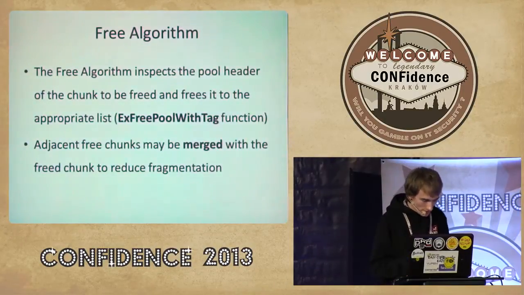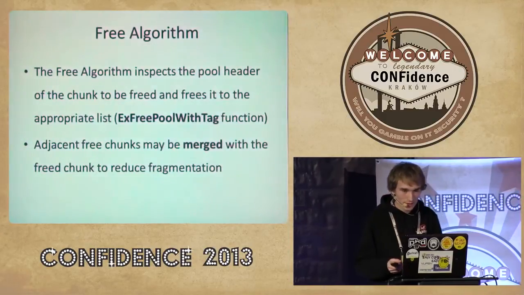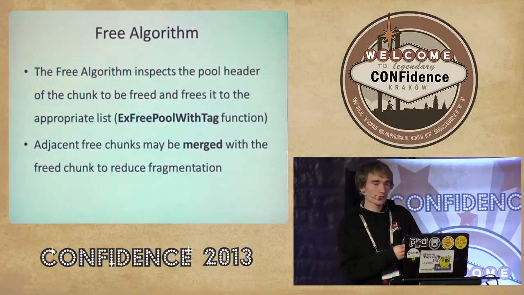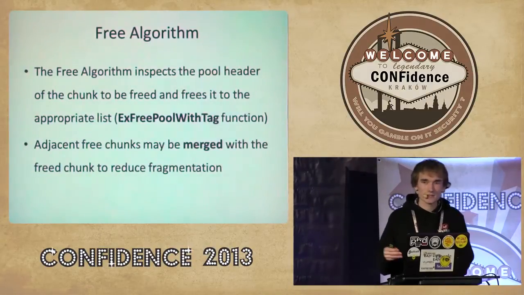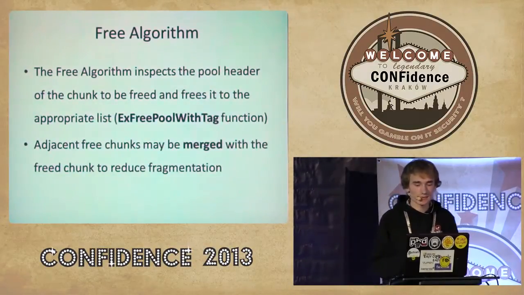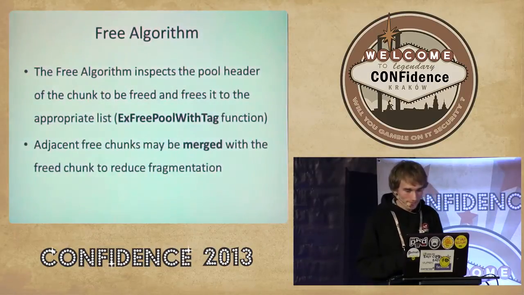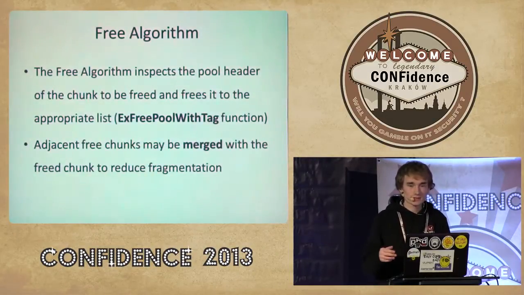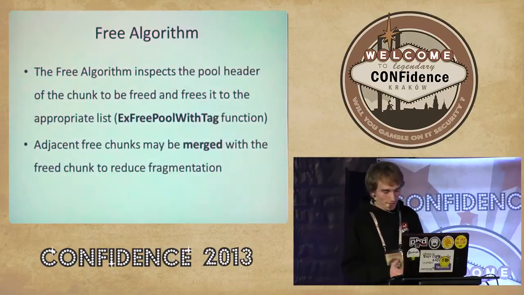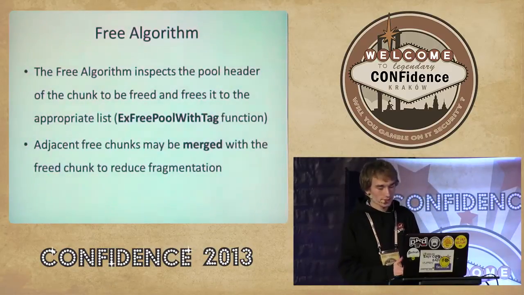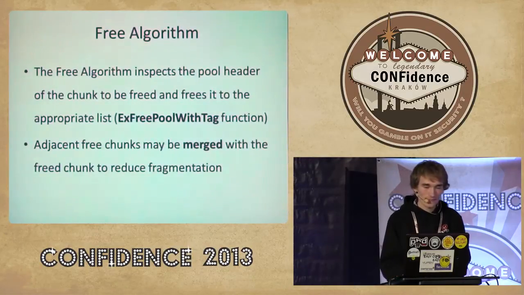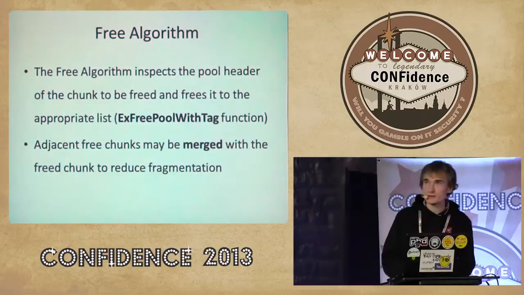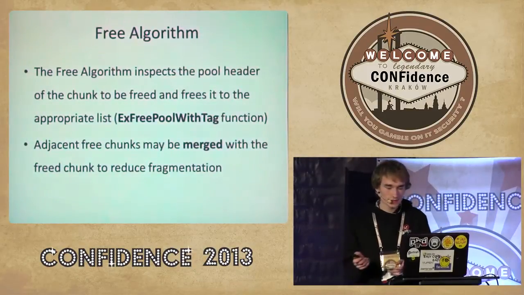Basically, it means that behind that chunk there is no chunk because it's first on the page. So, talking about the free algorithm, also like for allocation, there are a lot of functions to free memory, but the main function is ExFreePoolWithTag. Also, for reducing fragmentation, if there are chunks that are free and adjacent, the allocator merges these chunks.